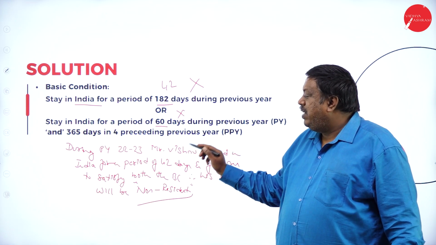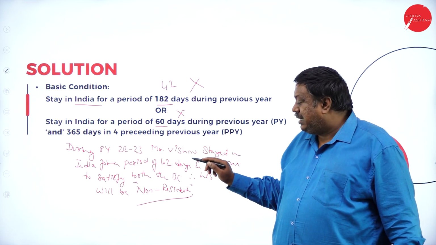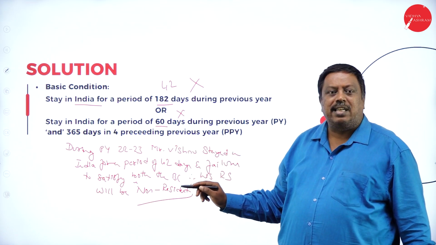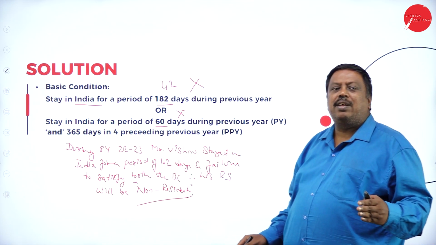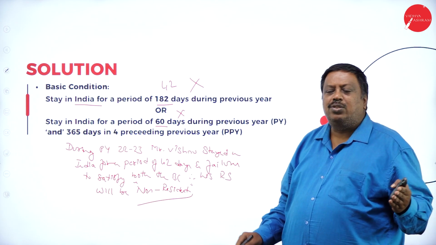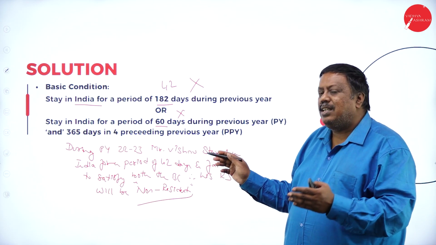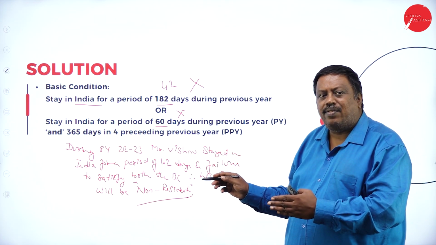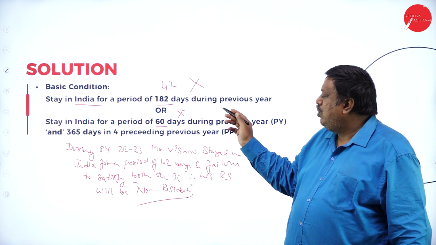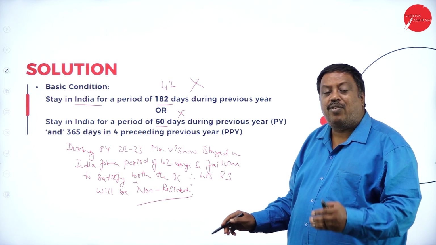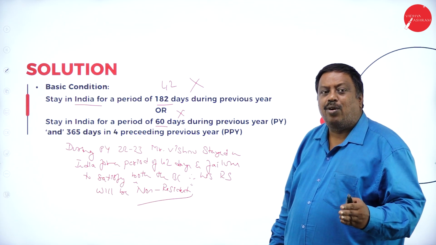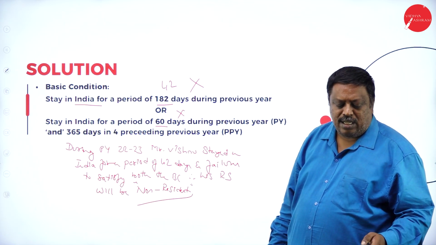Only for previous year 2022-23, his status is non-resident. And when he couldn't satisfy both the basic conditions, there is no need to verify additional conditions. So here the Income Tax Act decides that the status of Mr. Vishnu for previous year 22-23 is non-resident only for the purpose of tax and not for other purposes.